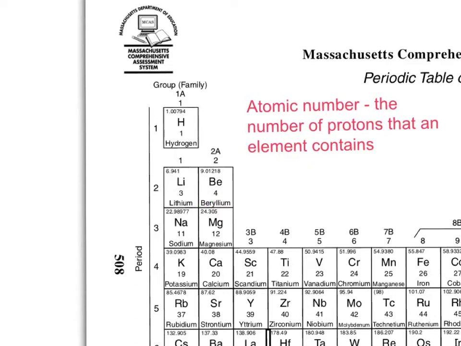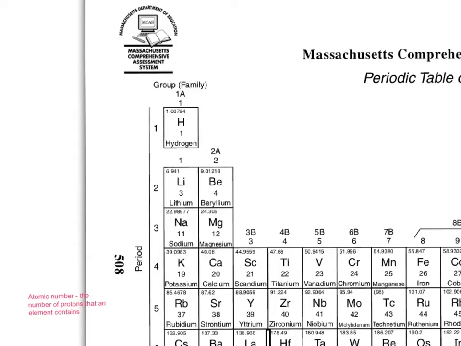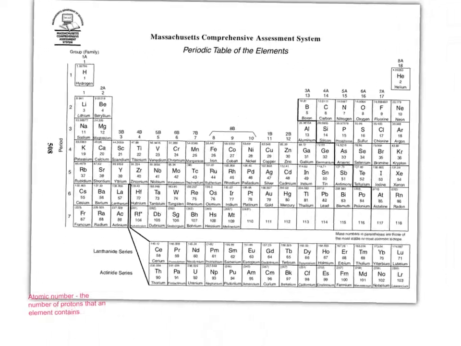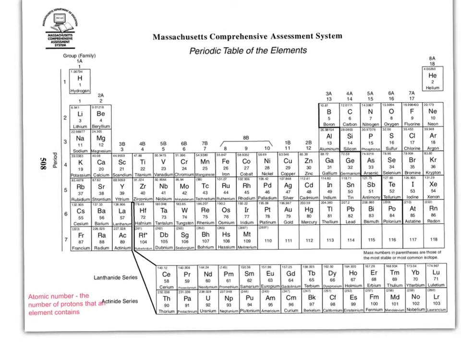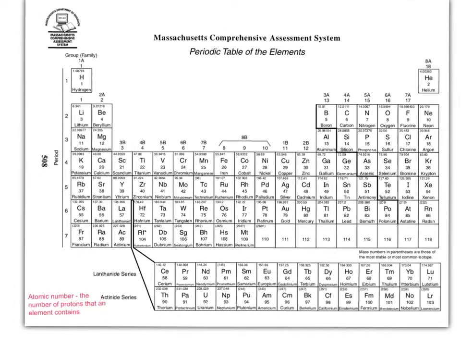Now, if I zoom out here and look at the periodic table as a whole, you're going to notice a really interesting pattern here, which is that the atomic number increases as you move across a row and then back down.